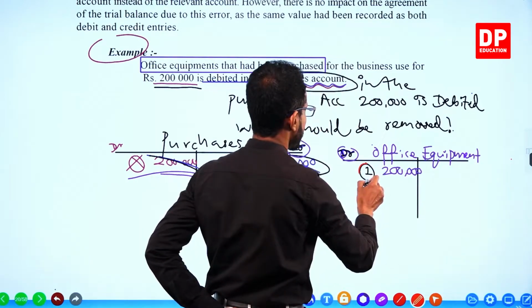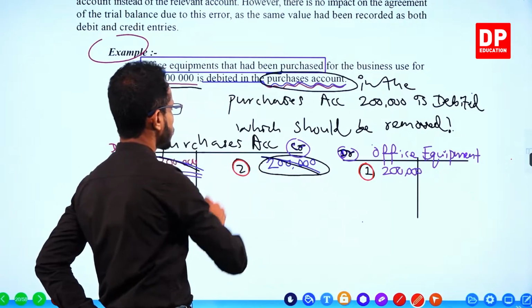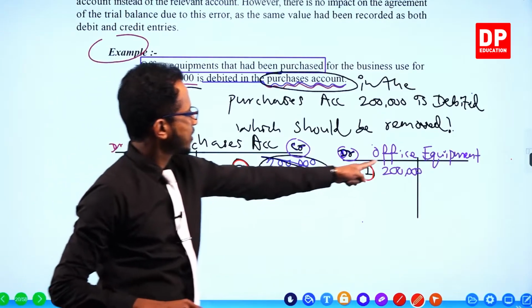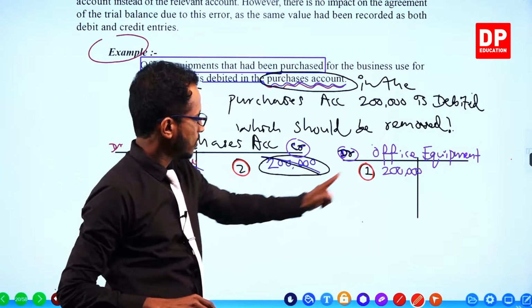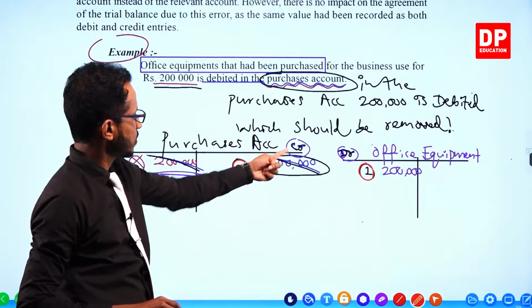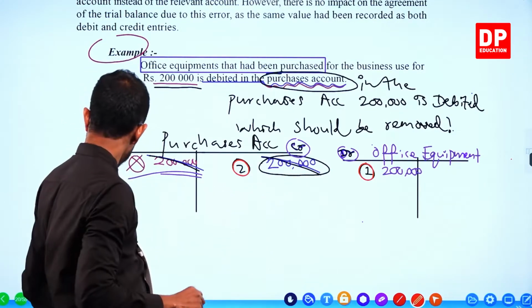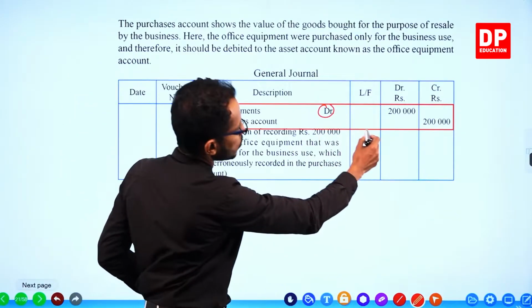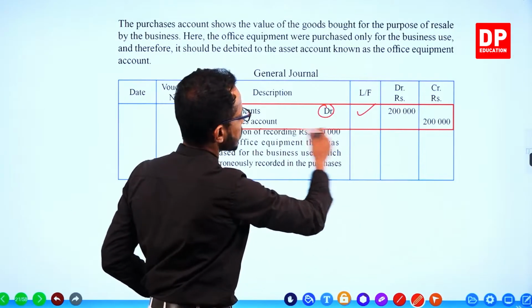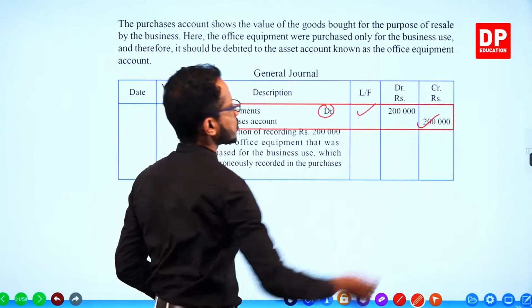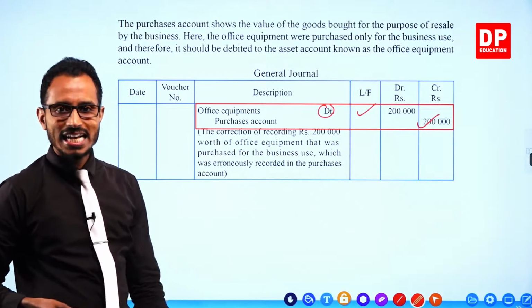This is the first entry. This is the second entry. So office equipments debit 200,000. Purchases account credit 200,000. It's correct. That is also correct. That's how you do.